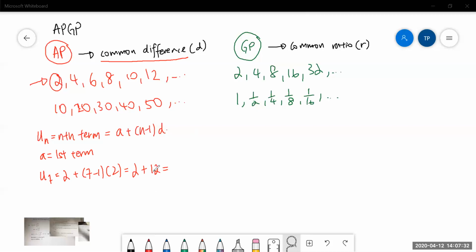So 2 plus 12 gives you 14. Isn't it what you predicted just now? Magic.